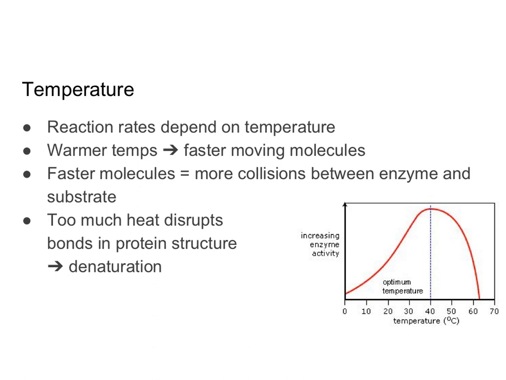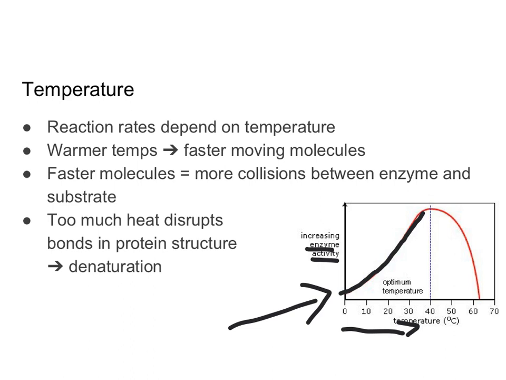So let's look at this graph down here first, and then we'll talk about some of the text. So you can see, as I increase temperature, the enzymatic activity, or the rate of an enzymatic reaction, goes up and up to a certain point.